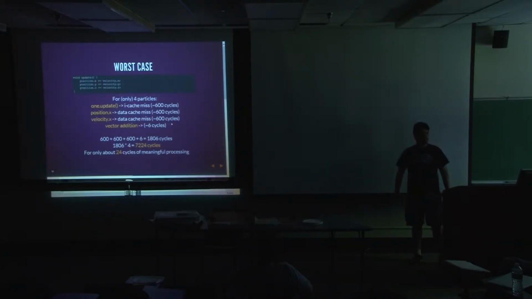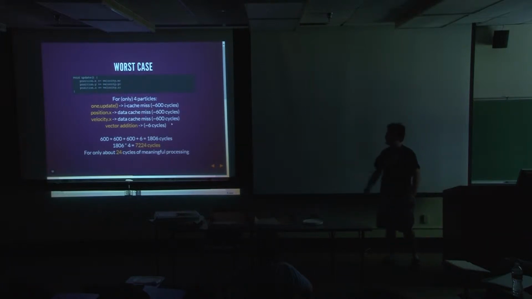So the worst case, let's just say, is the estimated amount of time it takes to pull something from RAM. Assuming worst case, it's a virtual method, you're going to hit the iCache miss. You're going to hit all of the data misses because position and velocity are like 100 bytes apart. This is the worst case scenario.